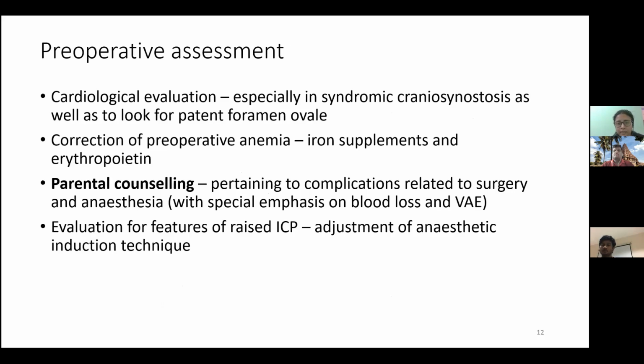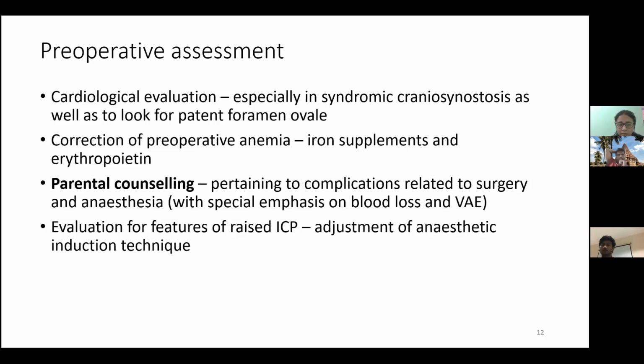Cardiological evaluation is essential, especially in syndromic craniosynostosis like Carpenter syndrome, in which 50% of patients can have cardiological anomalies. And it's also important to look for a patent foramen ovale, because most of these children are young infants. They may have a patent foramen ovale, which is a risk factor for paradoxical air embolism in the setting of a venous air embolism. So 2D echo is more or less required in all the patients.